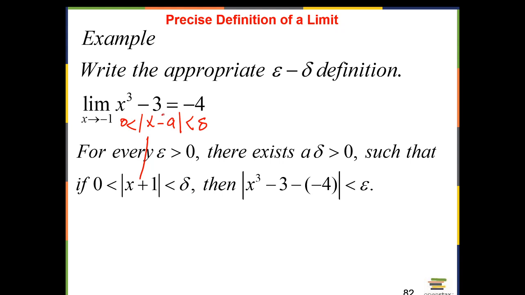So if I put negative 1 here, it would be x minus negative 1, which is x plus 1. And this statement here is absolute value of f of x minus L less than epsilon. And here, instead of f of x, we put that. And instead of L, we put negative 4. But the minus is there because it's part of the formula. Less than epsilon. That's it.